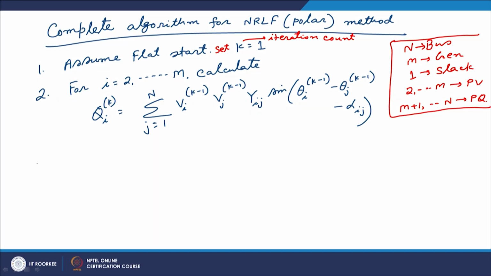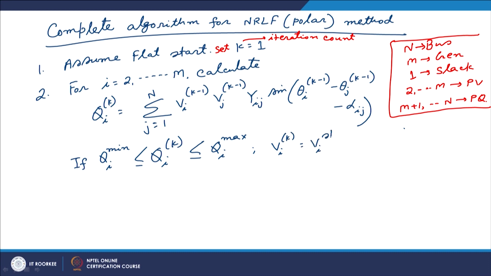Then step 3: if Q i k is less than or equal to Q i max and greater than or equal to Q i min, then we say that V i k is equal to V i specified.